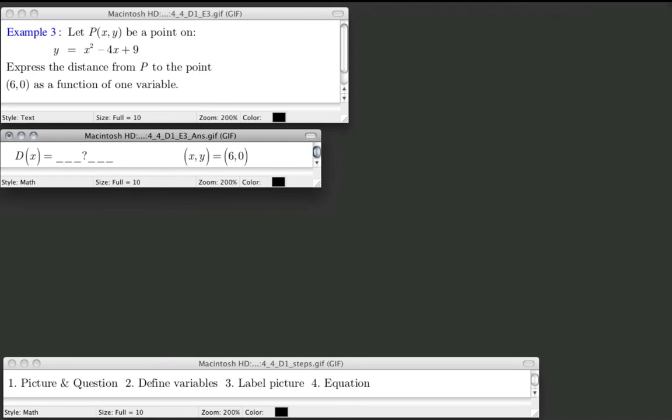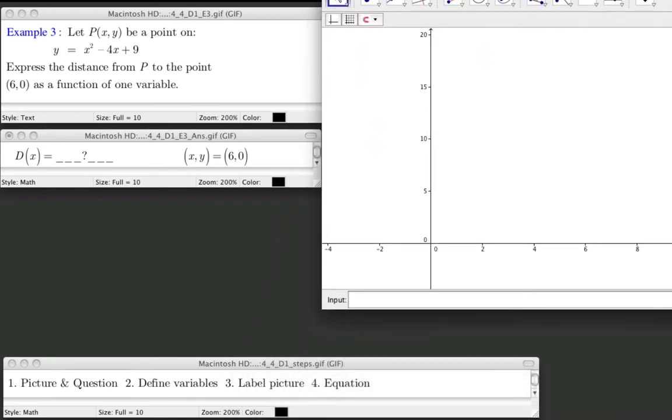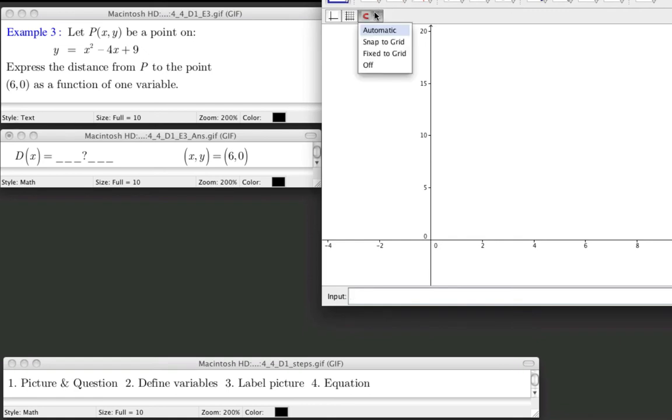In order to see what's going on, I think I need a diagram. And I think I need to plot this parabola. Now you can pick and choose points, but I think we could almost complete the square in our head to find out where the vertex is. I know it's going to open upward because the coefficient of x squared is 1.